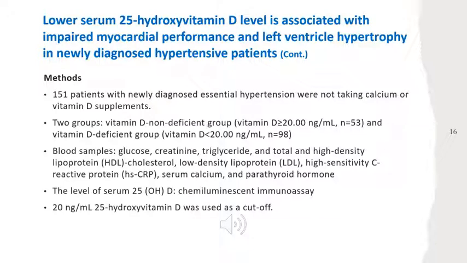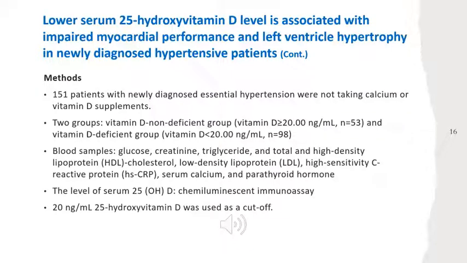Blood samples including glucose, creatinine, triglyceride, total cholesterol, HDL, LDL, high sensitivity C-reactive protein, serum calcium, and parathyroid hormone were measured. The level of serum 25-hydroxy vitamin D was measured by using a direct competitive chemiluminescence immunoassay.